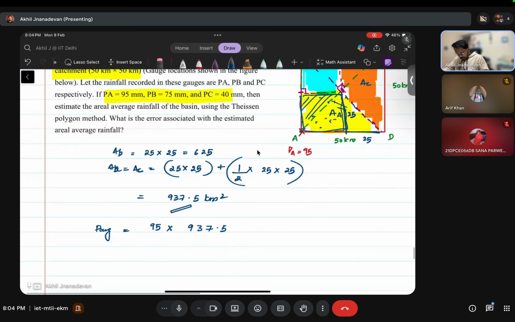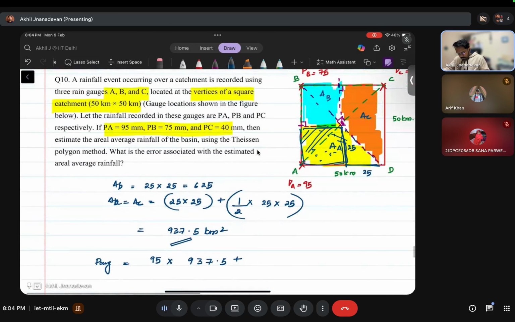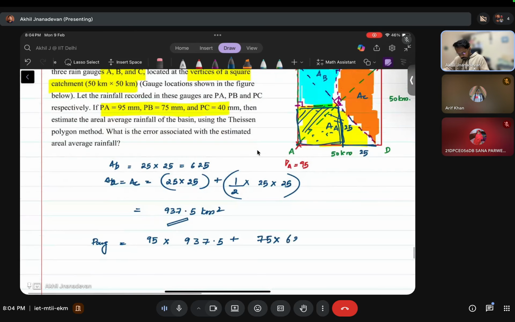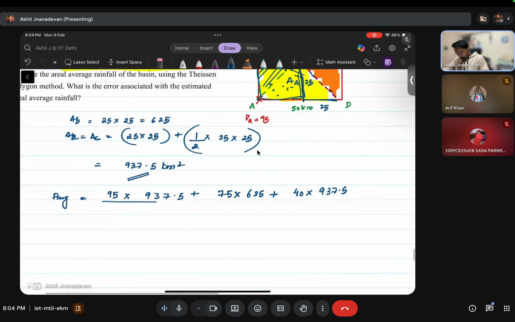Plus, our second area is AB. B is 75. 75 into the area there is 25, 625, plus 40 into 937.5, divided by the total area.